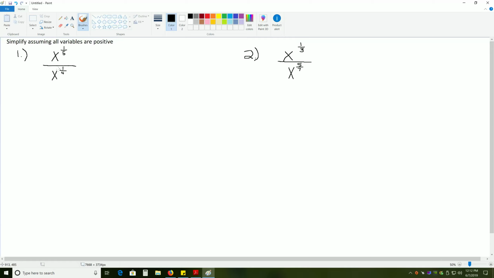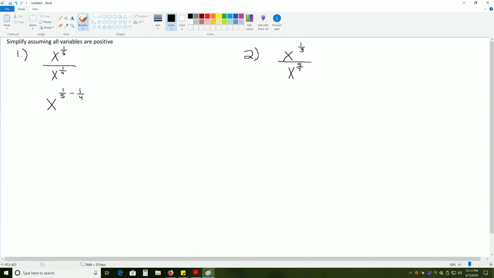Dividing, you subtract. So in this case, we're going to keep that x that's common between the top and bottom of this fraction. And we're going to take the top's exponent, so 1/5, and we're going to subtract the bottom exponent, which is 1/4.